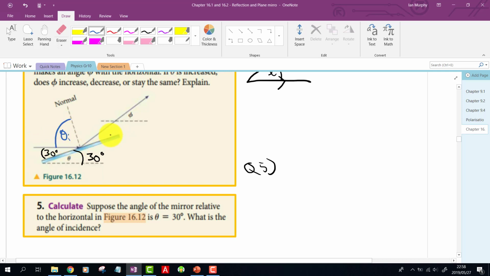And we know that the angle between the normal and the mirror is always 90. So if we know that this total is 90, this is 30, we know that the angle of incidence is going to be equal to 90 minus 30, which equals 60 degrees. Okay, so that's your answer.